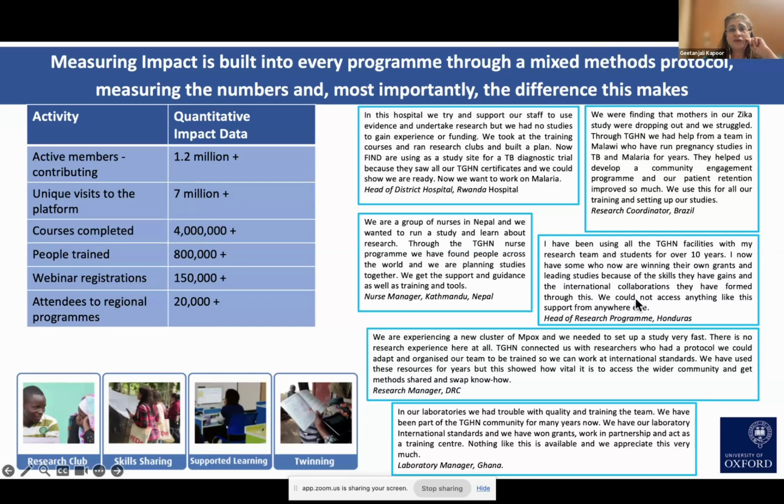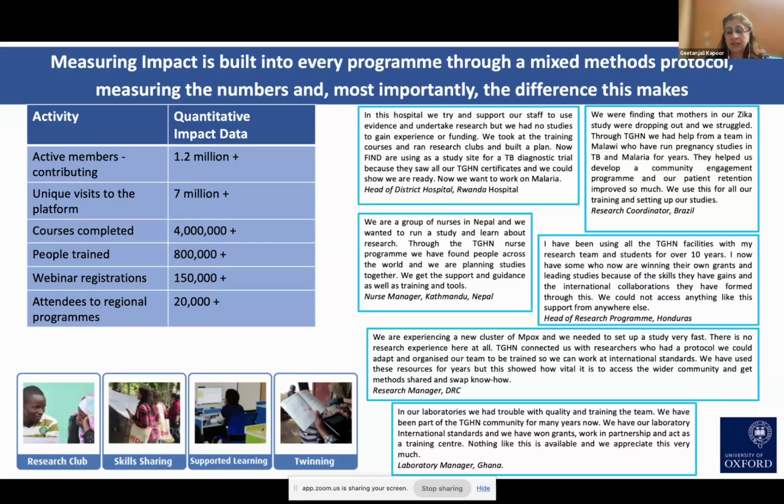And in terms of the difference it is making, this is real information we have got from primary research with our stakeholders. For example, I'll just focus on what happened in Rwanda, at one of the Rwanda hospitals. They didn't have the capacity and the knowledge on how to conduct research.